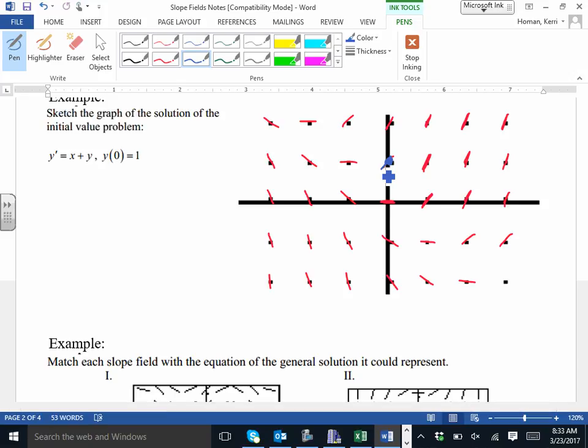Okay. So basically you're just going to let the wind take you in the direction you need to go. So we know that at some point here we have to have a slope of 0, and then our slopes have to be negative over here. This is acting kind of as an asymptote. And then here we get steeper and steeper and steeper with our slopes. Okay.